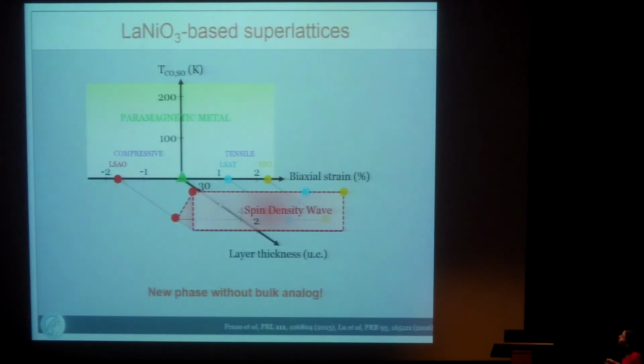So altogether, we concluded that we actually found a new phase without a bulk analog in these 2-unit cell thick lanthanum nickelate multilayers, which might be best described by a spin density wave. So this is kind of the result of all our studies. If you make lanthanum nickelate under different strain and confine it, you will find this low temperature phase independent of the sign of strain.